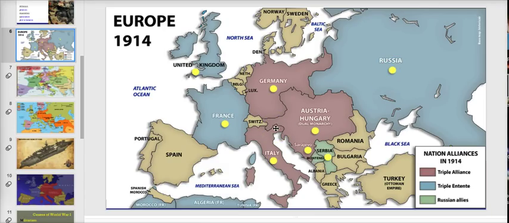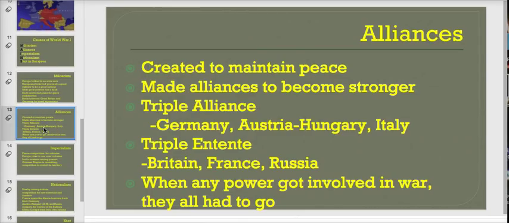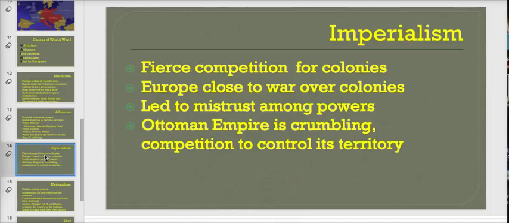While this is to make countries feel more stable and secure, it actually will increase insecurity because, as you saw with the video, if Austria-Hungary declares war on Serbia, then Serbia is aligned with Russia, and when Russia declares war on Austria-Hungary, that brings Germany in, etc., etc. So the alliances make it so that when one nation goes to war, it's going to cause all of Europe to go to war.